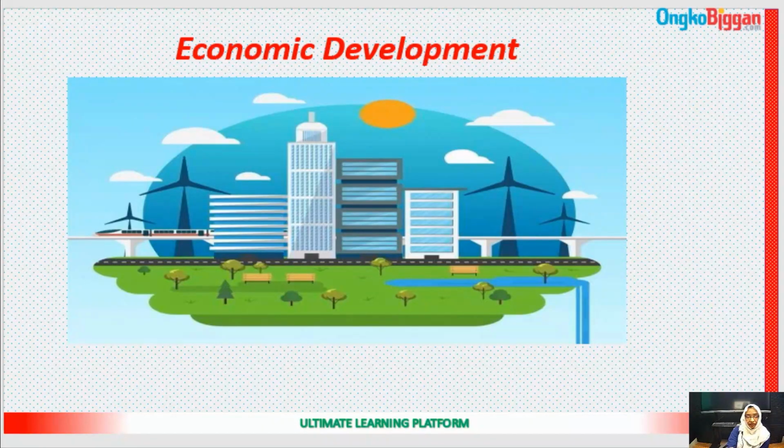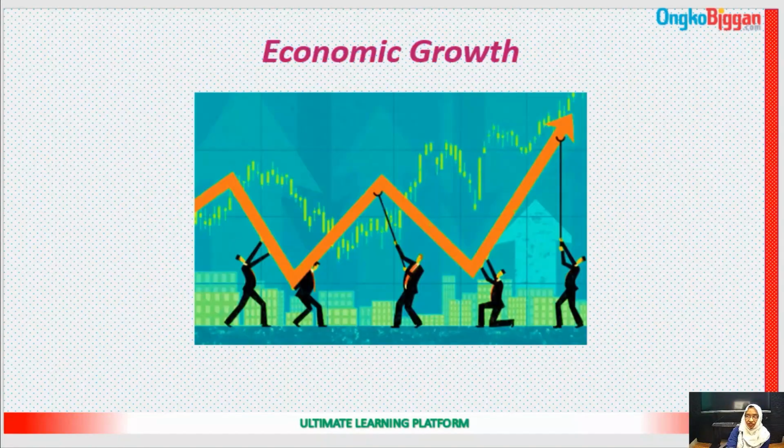And for this, we have to make clear the difference between economic growth and economic development. In our previous slide, we have seen that in economic growth, the total market value is taken.